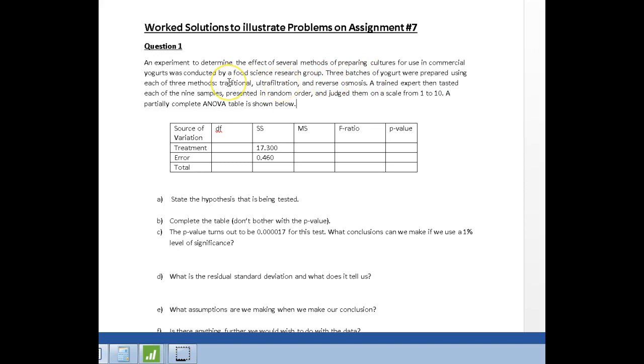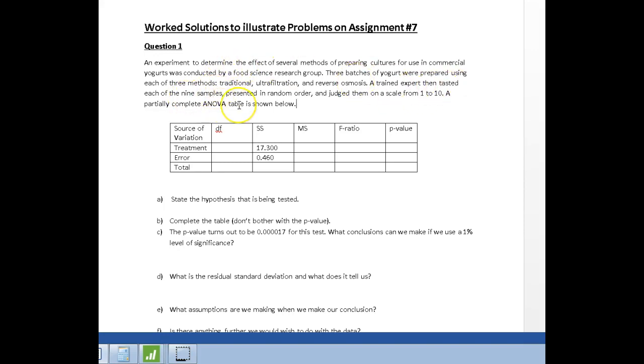And for each of these, 3 batches were prepared. Alright, a trained expert then tasted each of the 9 samples. I got 9 because I have 3 different methods and we had 3 batches of each. So 3 times 3 gives me 9.